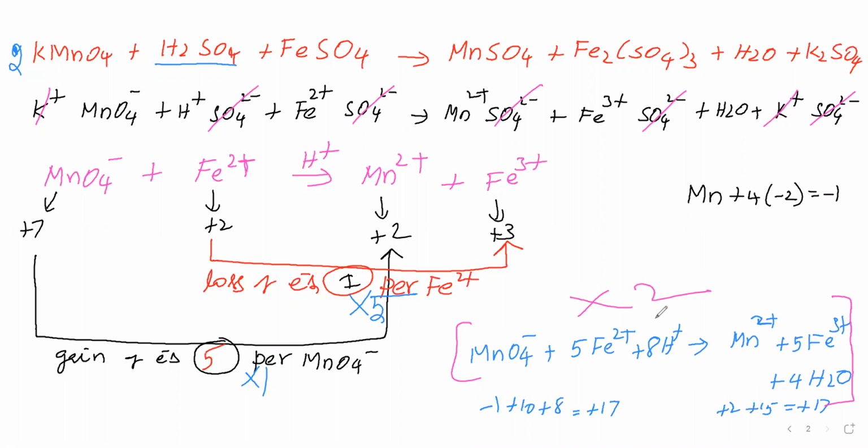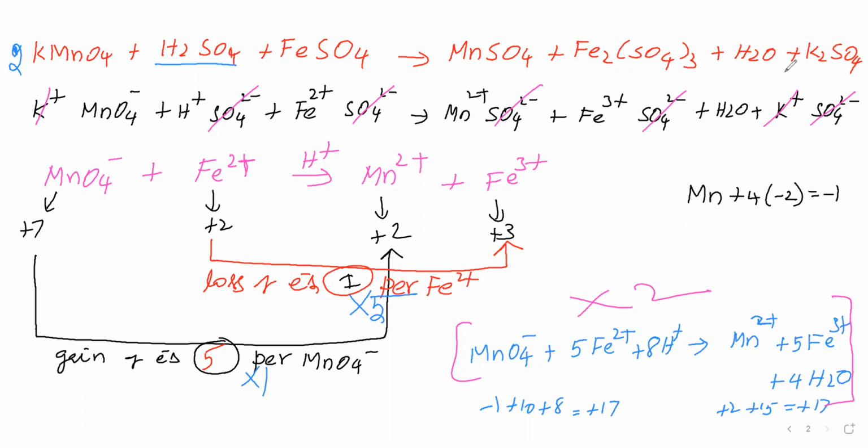Why have we multiplied by 2? Because we have to give the balanced equation as per the given one. They have given this equation only, so we have to give the balanced form in this form, not the simplest ionic form. We took the simplest ionic form for our convenience.